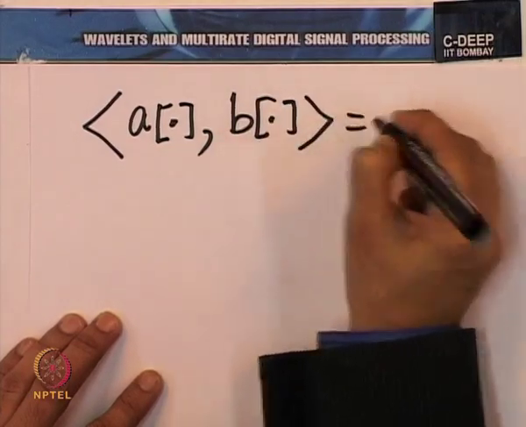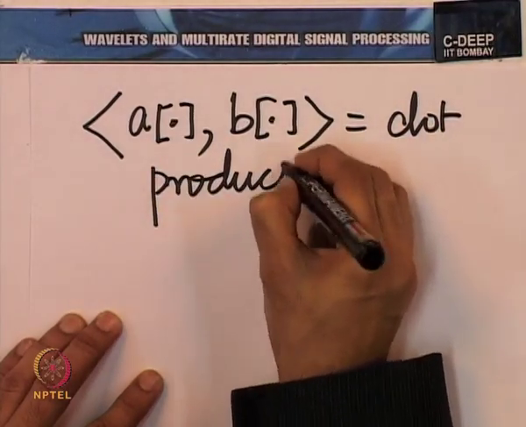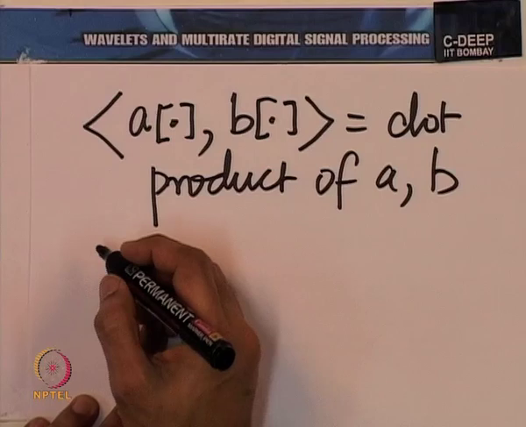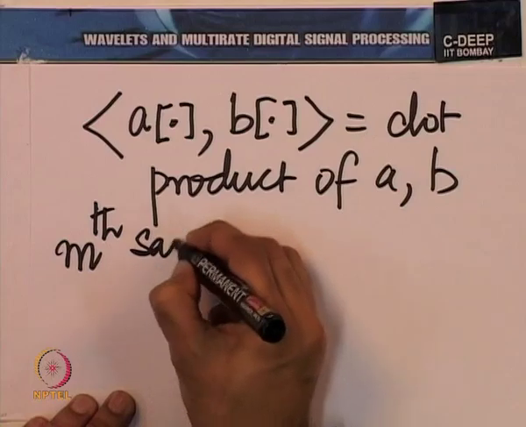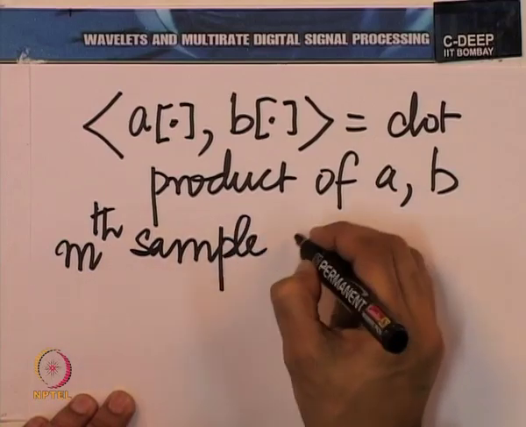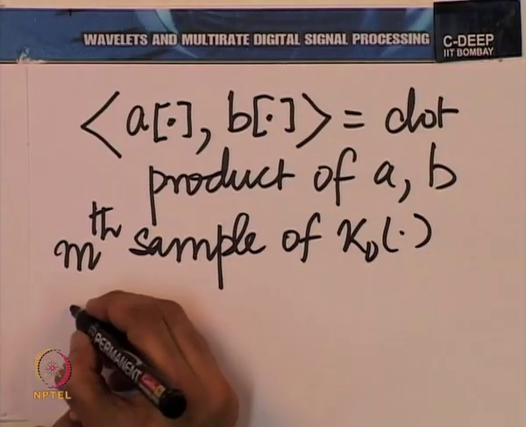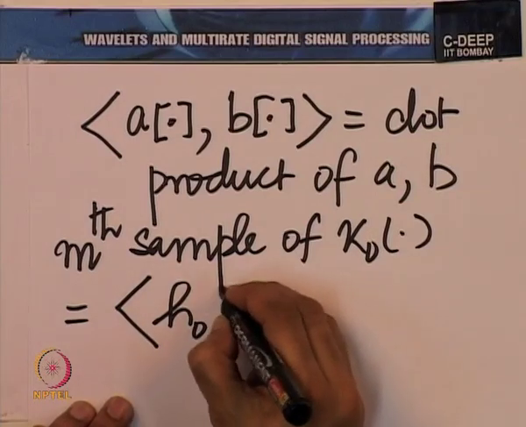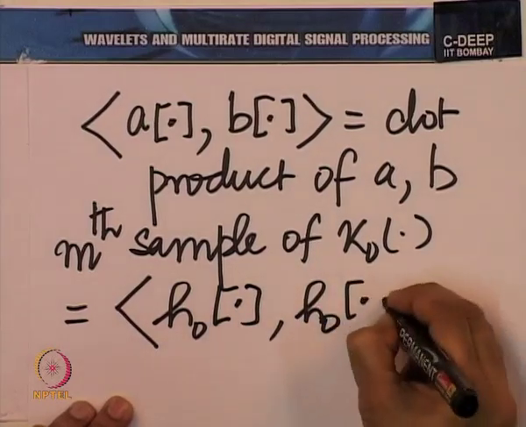This is the dot product of A and B. And we are saying the nth sample of the filter kappa 0 is essentially the dot product of H 0 and H 0 shifted by m.